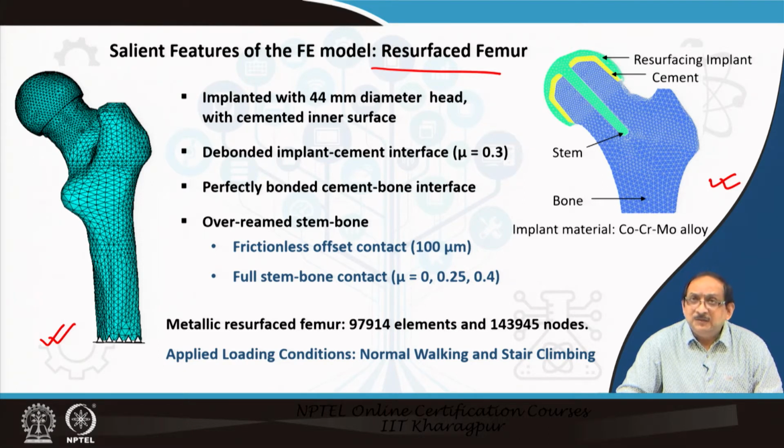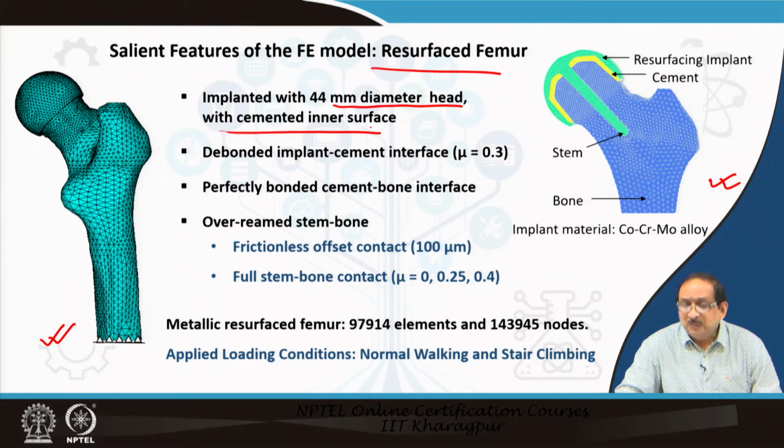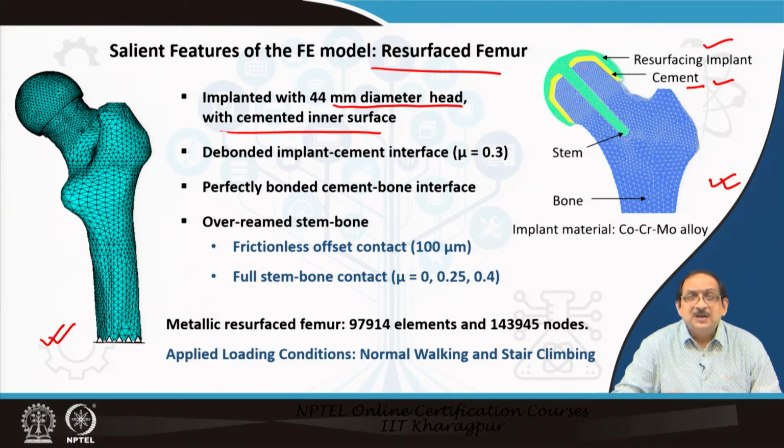The femur was implanted with a 44 millimeter diameter femoral resurfacing implant, and the inner surface of the implant was cemented as indicated in the figure. On the right we have the green colored resurfacing femoral implant, and the yellow color is the cemented inner surface. The implant also had a stem which goes inside an over-rimmed hole.